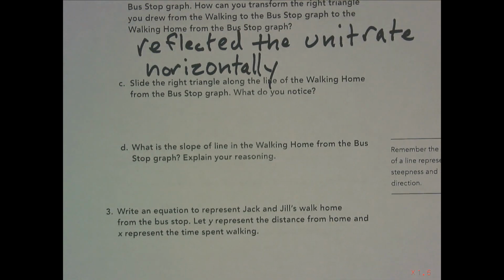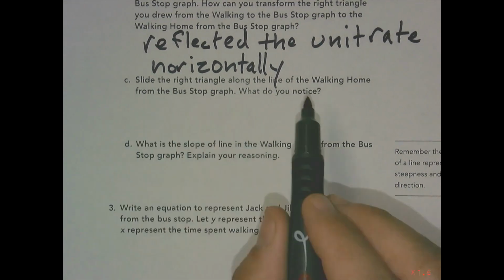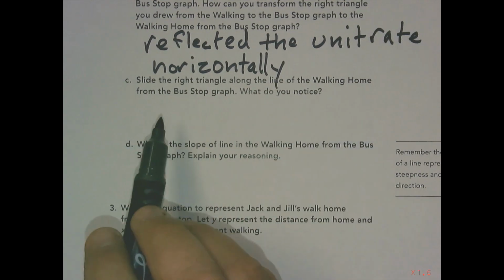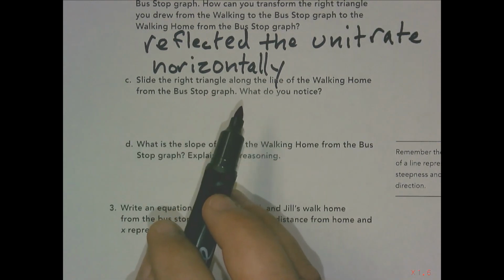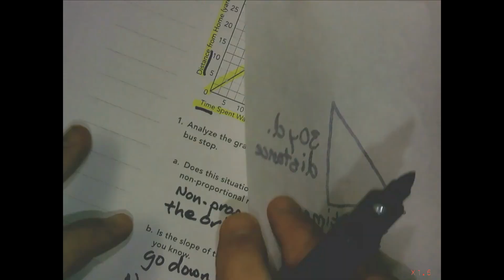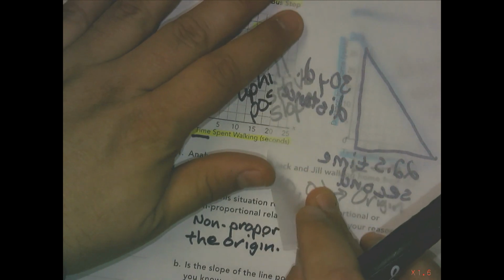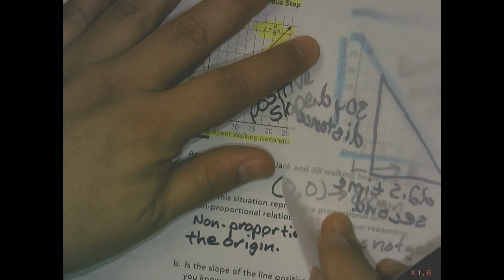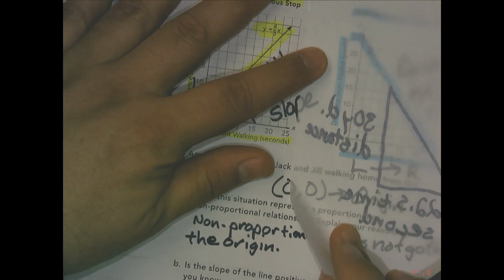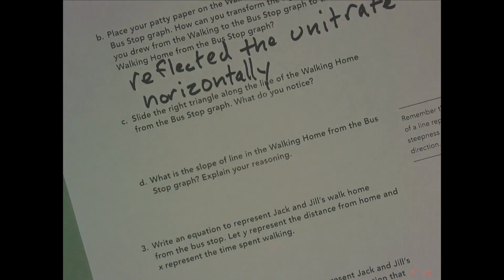Next it says the unit rate remains constant between any 2 points on the line. Oh, I'm sorry, I should probably read the question. Slide the right triangle along the line of the walking home from the bus stop. What did you notice? If I take this, reflected, and slide it along, what happens? Yeah, it stays on the line. It has a similar slope, but it's the negation, or the negative.